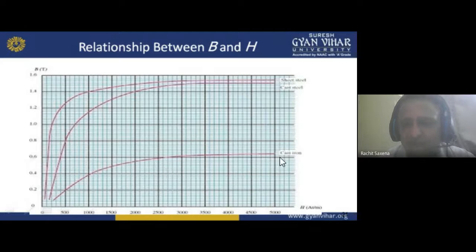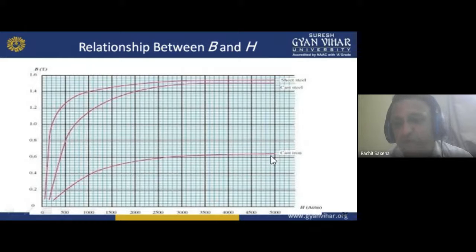The highest value you get is at 5000 ampere turn per meter, and the density B in Tesla is 0.6, or we can say 0.65, whatever, nearby. So the density is very low. And after this, the equilibrium stage starts here.